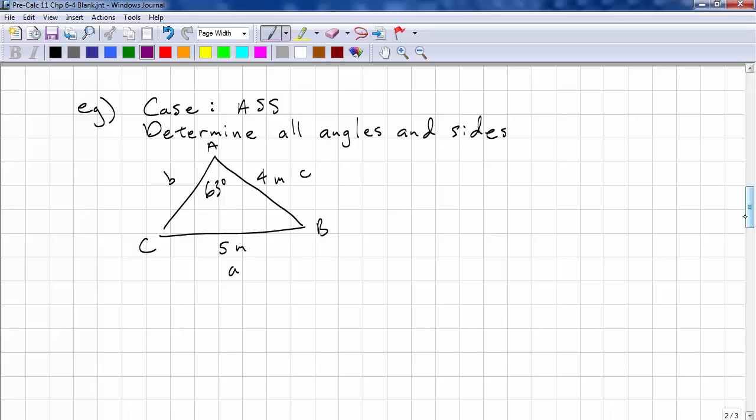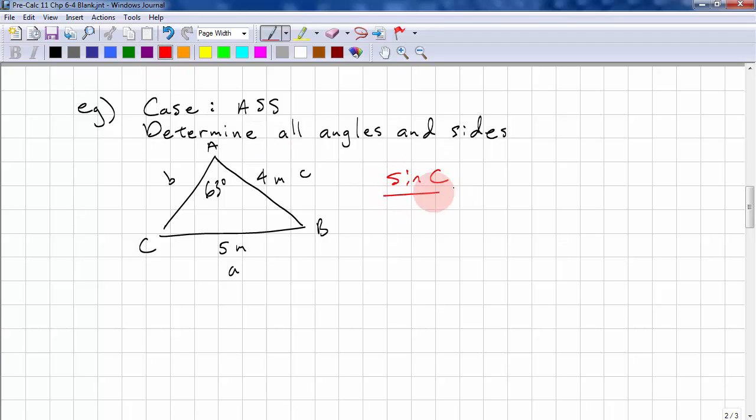And let's look at the case of angle, side, side. And we're asked to determine all angles and sides again. So we have angle A, and side a. We have side c, but we don't have angle C. So this is the first angle that we should solve for. And again, we don't know what the angle is, so we should have the angle on the top.